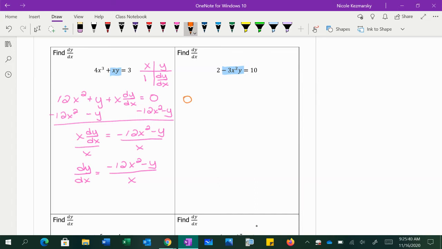Then we're going to do the box for our product rule. So negative 3x squared times y. The derivative of negative 3x squared is negative 6x. The derivative of y, just like before, is dy/dx. So we start with negative 6x.